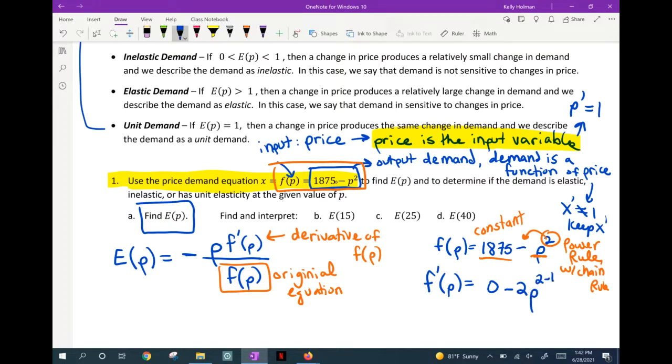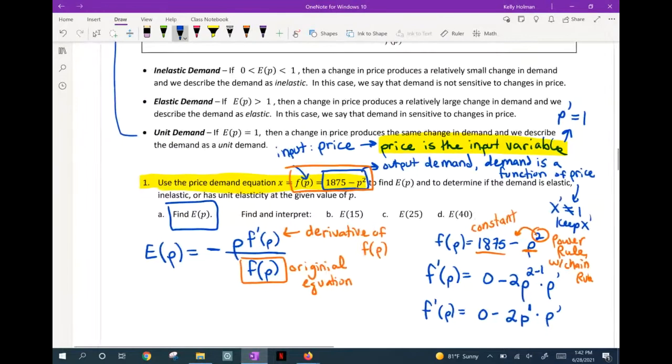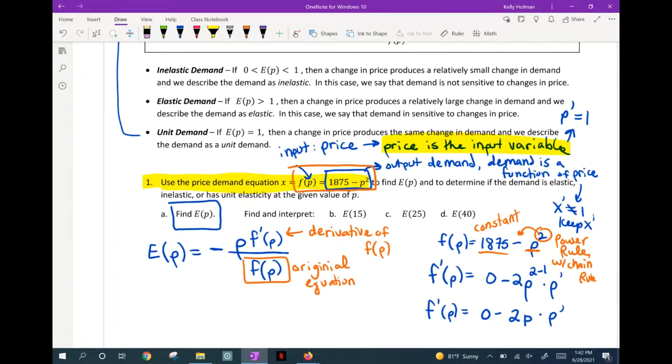I decrease the exponent by 1, and I tack on the derivative of the base. Okay, so let's go ahead and clean that up. It's going to be 0 minus 2p to the first times p prime. Ooh, we don't want to write p to the first, though. That looks confusing. And then p prime here, we know this is just going to be a 1 because p is a plain old input variable.